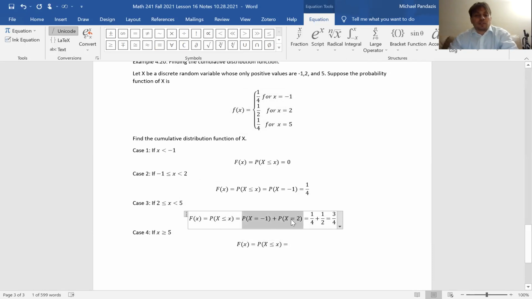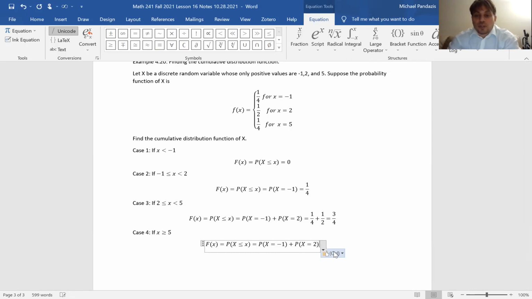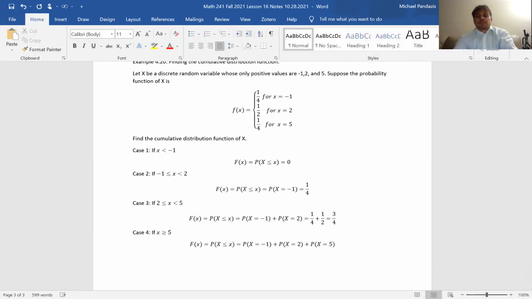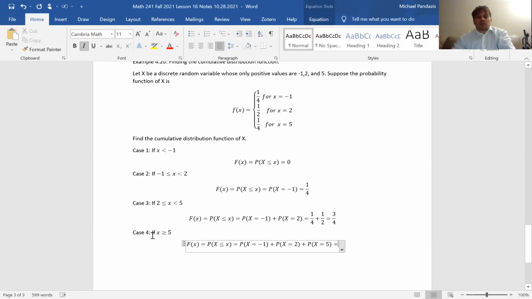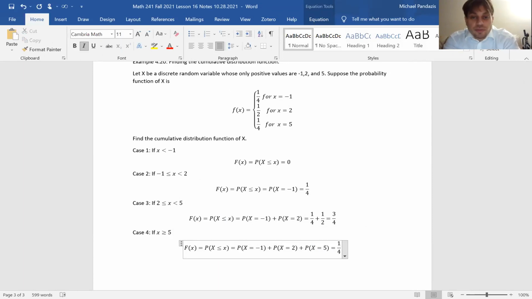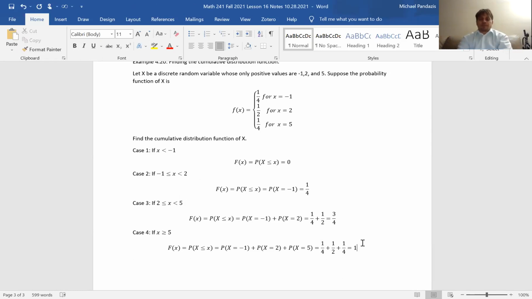You add these two, but you also add the probability that x equals 5, because little x is greater than or equal to 5. So it's 1/4 for the probability of x equals -1, plus 1/2 for the probability of x equals 2, plus 1/4 for the probability of x equals 5. You add them up and you get 1, which is what we should get.